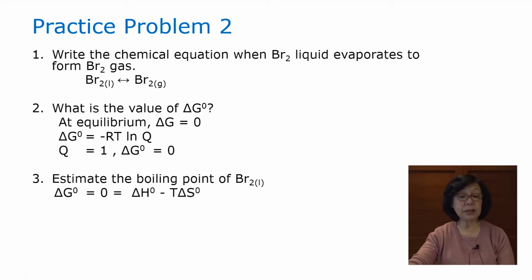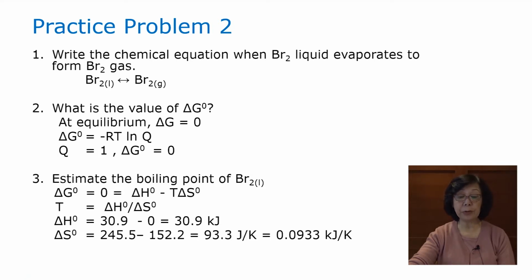Because ΔG0 is 0 at equilibrium, ΔH0 is equal to TΔS0, or temperature is enthalpy change divided by entropy change, or 30.9 kilojoule for the enthalpy change from your book. And we get the entropy change from your book, which is 93.3 joule per Kelvin, converted into 0.0933 kilojoule per Kelvin.